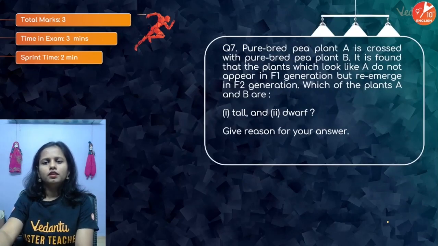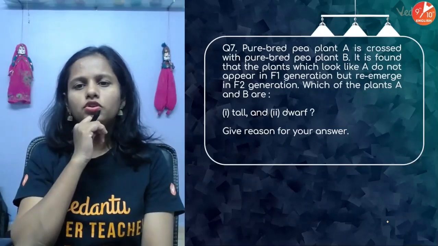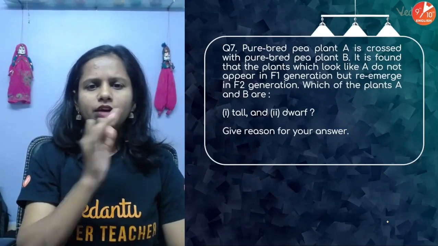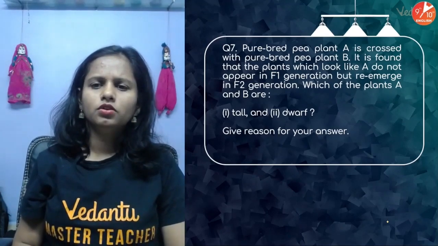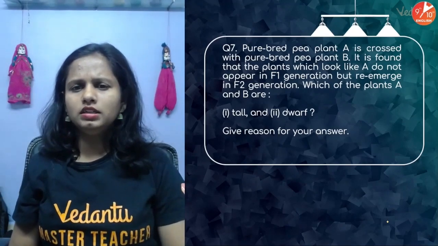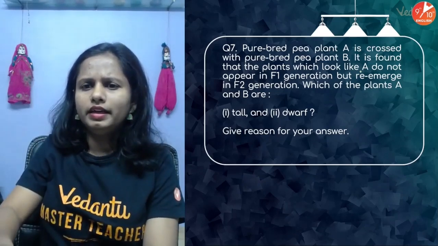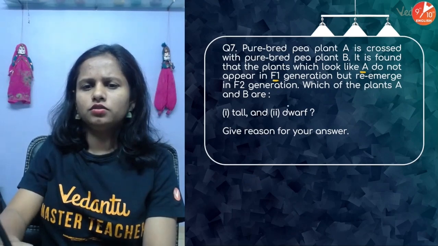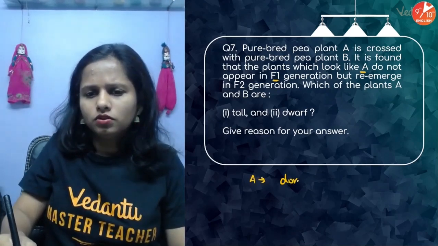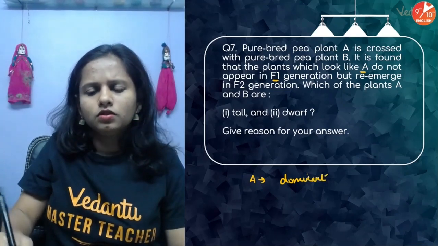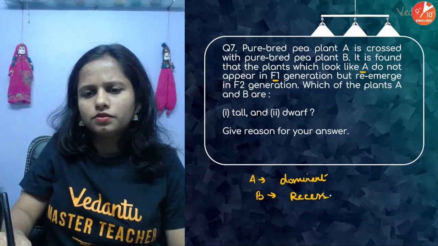Then a purebred plant A is crossed with purebred plant B, and we obtain individuals in F1 as well as F2 generation. It is found that all the plants look like A in F1 generation. It means A is dominant over B. B has to be recessive.